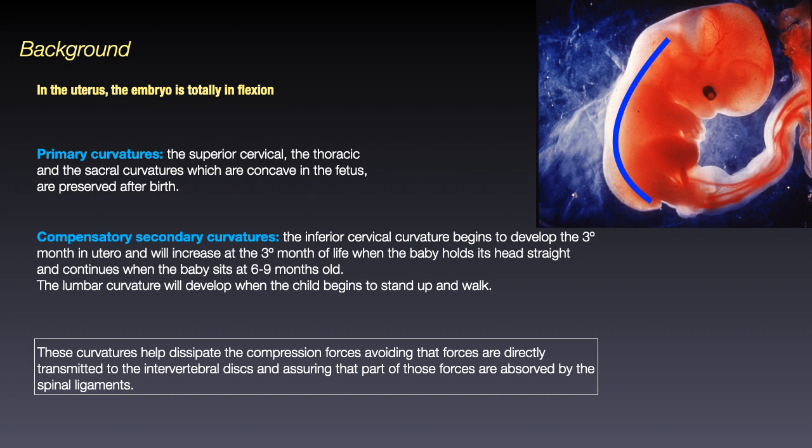When a 3 month old baby starts to crawl, he needs to raise his head to see what is ahead, and slowly the secondary cervical curvature is created due to the muscles that hold the head and get stronger. Later on, when the baby begins to stand up and walk, the lumbar secondary curvature develops.